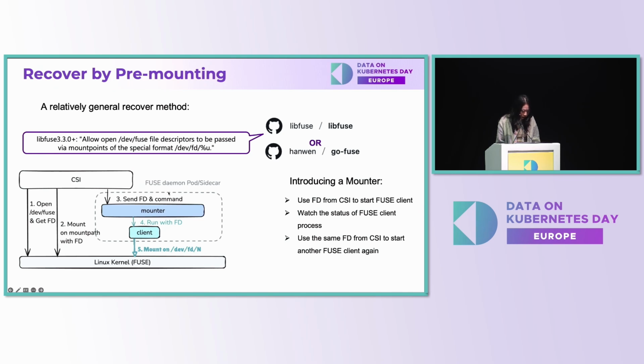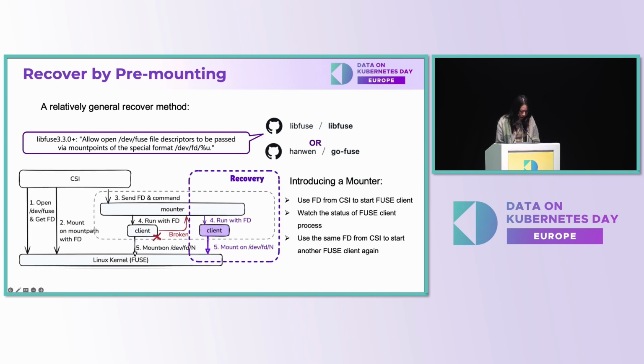Then we introduce the mounter here. It works as a daemon process in the Fuse client's container. It gets the FD from CSI and starts the Fuse clients with the FD. The Fuse clients will reuse the mount point CSI pre-mounted before. The mounter will keep the FD in memory and keep watching the status of the Fuse client.